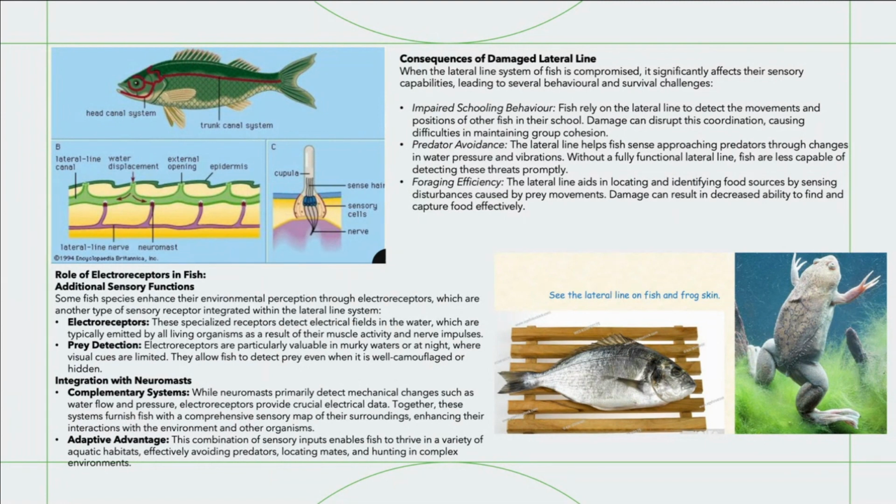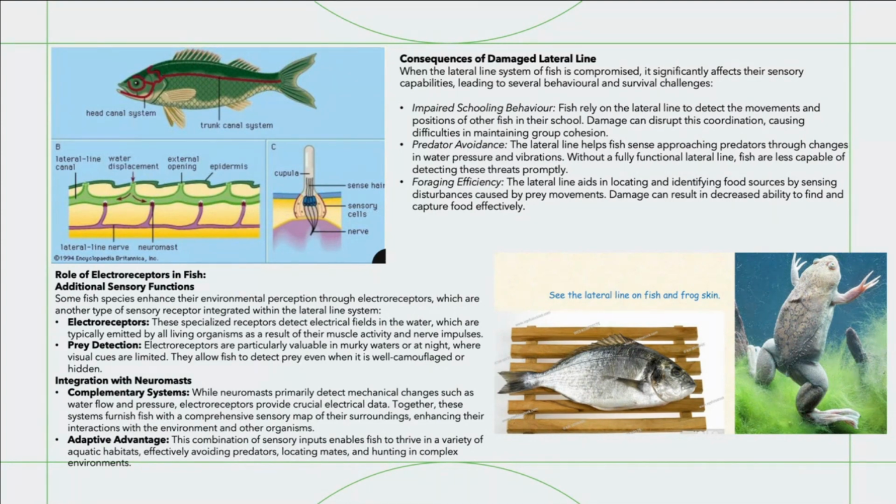Now, while neuromasts primarily detect mechanical changes like water flow and pressure, the electroreceptors give crucial electrical data. Together, these systems give the fish a comprehensive sensory map of their surroundings, and it will enhance their interactions with the environment and other organisms.